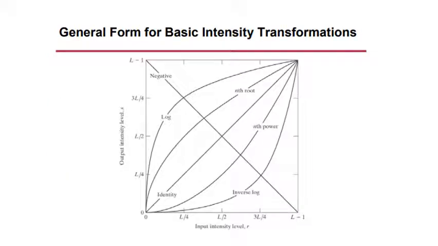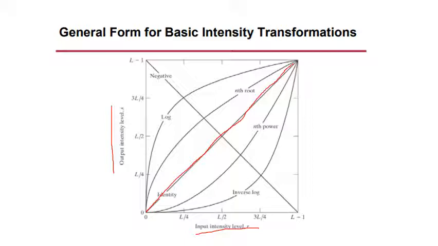I'll brief one by one shortly, but just to give you a feel. If this is the input level R and this is the output intensity level S, identity means keeping it the same: whatever is the value of R, the same is the value of S. What is negative? It is the opposite.